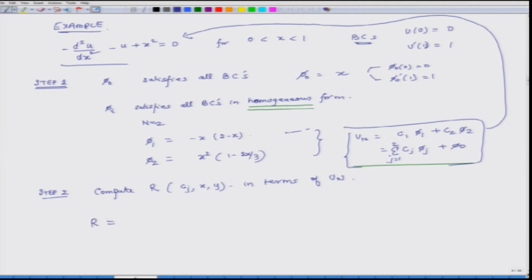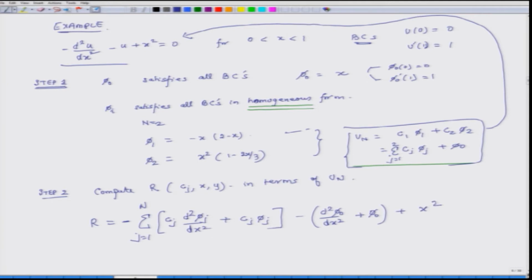So my residue is the summation over j equal to 1 to n of Cj times the second derivative of phi j by dx square, with a minus sign here, plus Cj phi j, minus d2 phi naught over dx square plus phi naught plus x square.